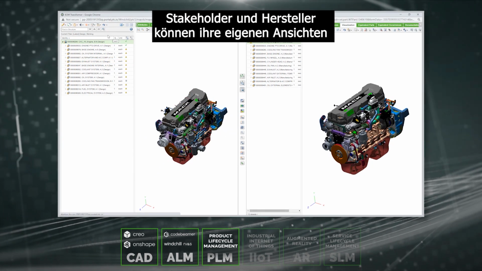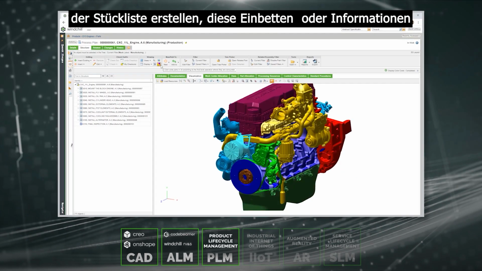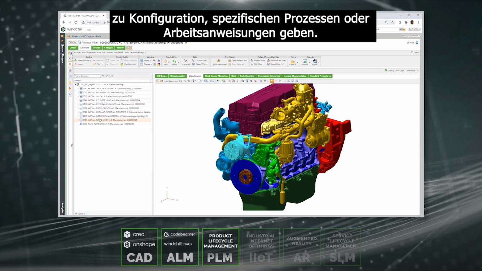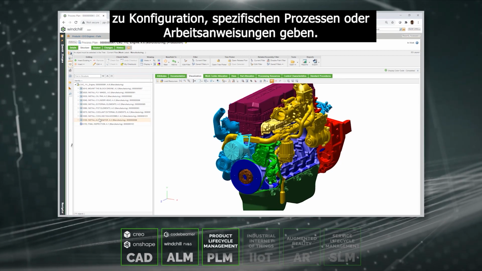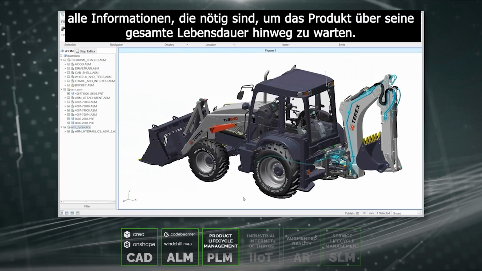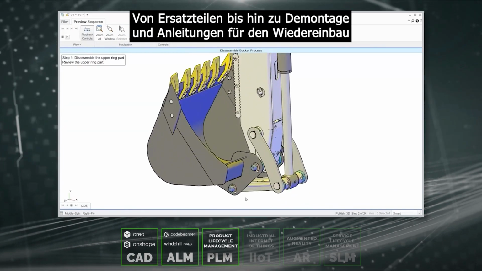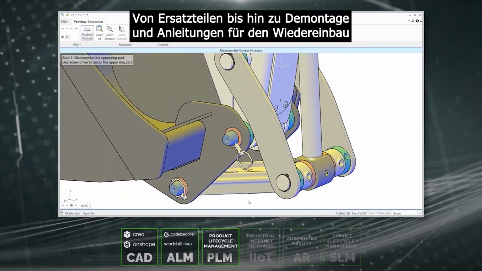Stakeholders in manufacturing can create their own views of the Bill of Materials, or MBOM, and author configuration-specific process plans and work instructions. The service team's view of the BOM, or SBOM, includes all the information required to service the product throughout its useful life, from service part kits to disassembly and reassembly instructions.